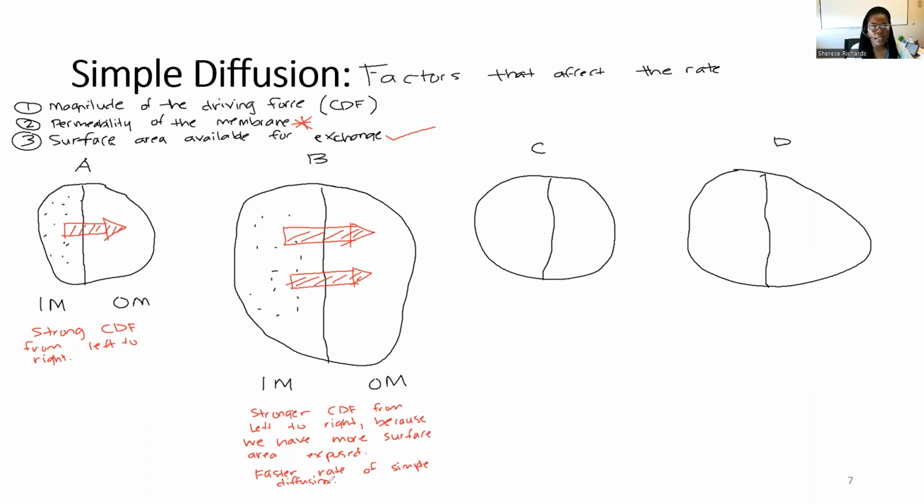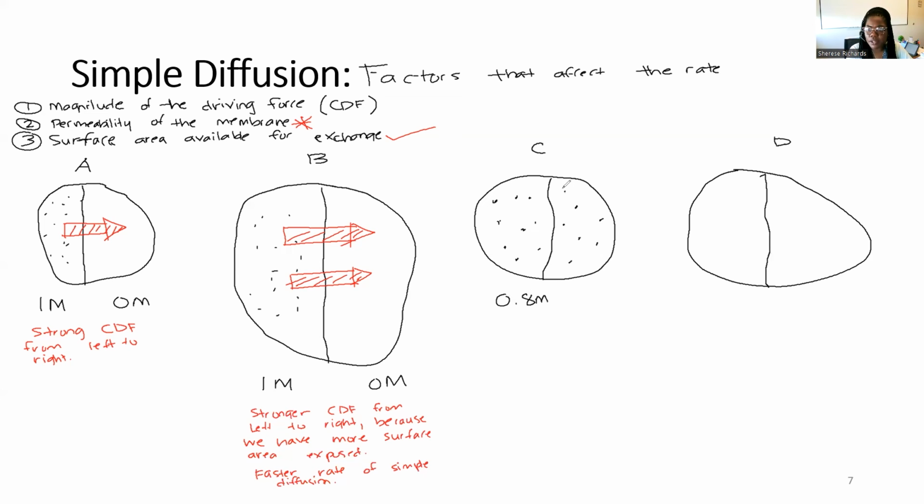Okay. Let's take a third scenario into play just to really reemphasize these various features. So let's say in this third cell scenario, we have less of a concentration gradient. Let's say we have 0.8 moles of particles on this side, and then maybe 0.5 on the right side.